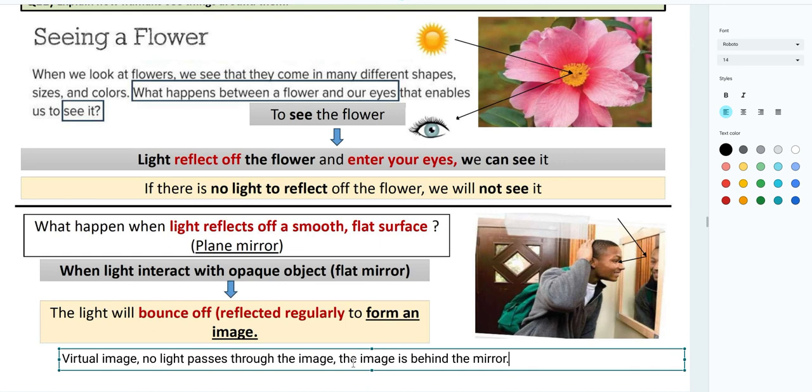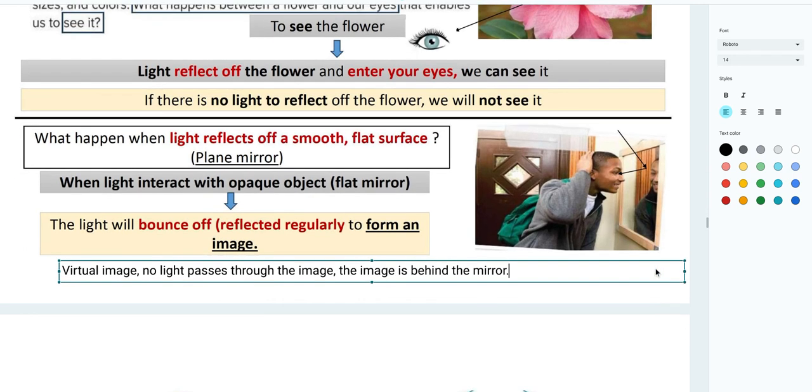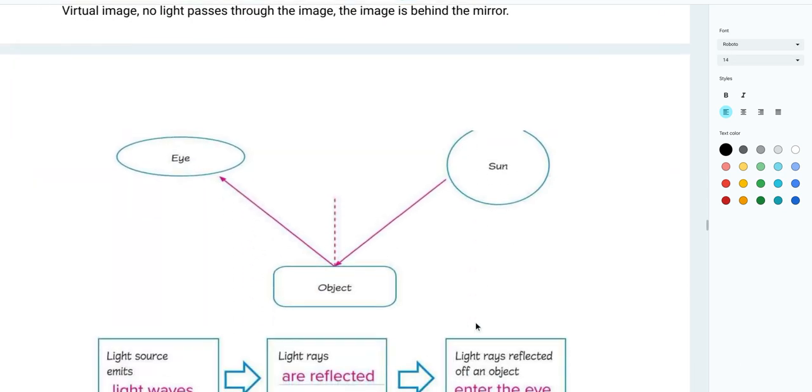And when we talk about concave and convex lenses and mirrors later, it will be useful to know what a virtual image is. So no light is passing into the mirror. It's being reflected off of the mirror, but the image appears like it's in the mirror here. And I'll go over that definition again later.